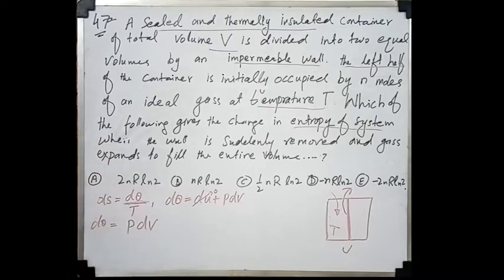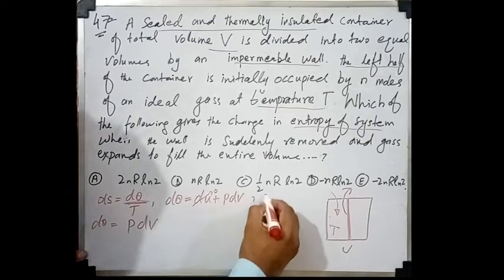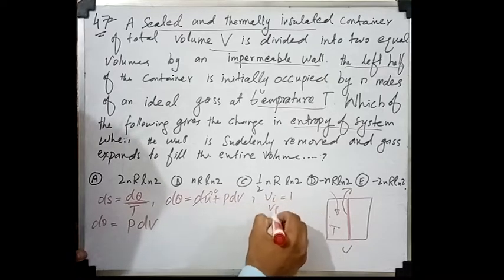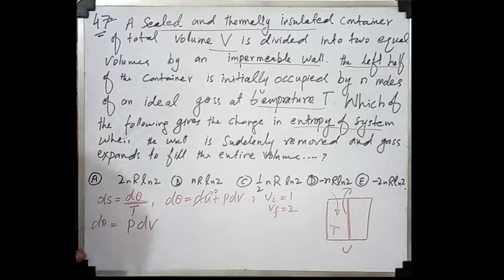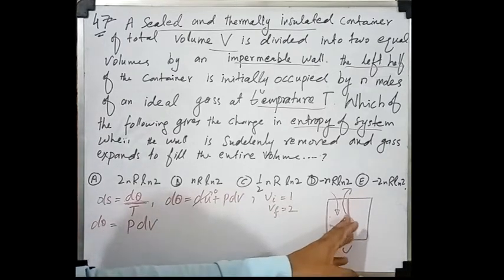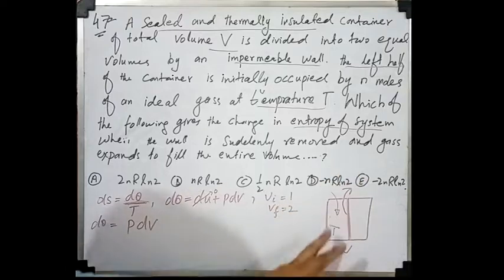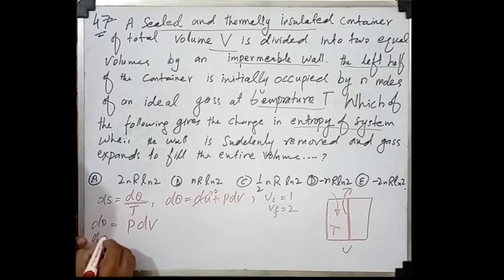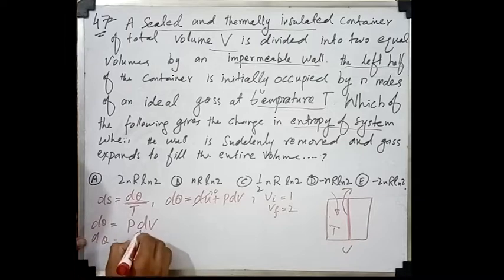Now let's say initial volume V1 is 1 and final volume is 2, because initially it is filled with half of the box, and when we remove the wall suddenly, the volume will expand to double. So dQ will be equal to the integral of P dV from Vi to Vf.